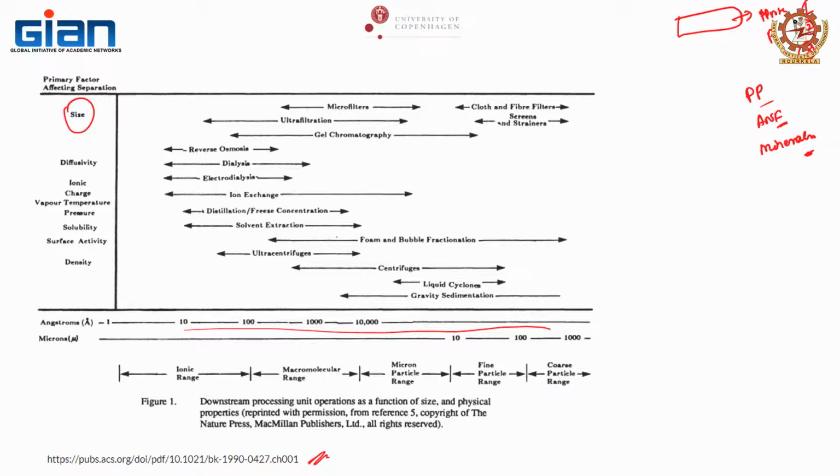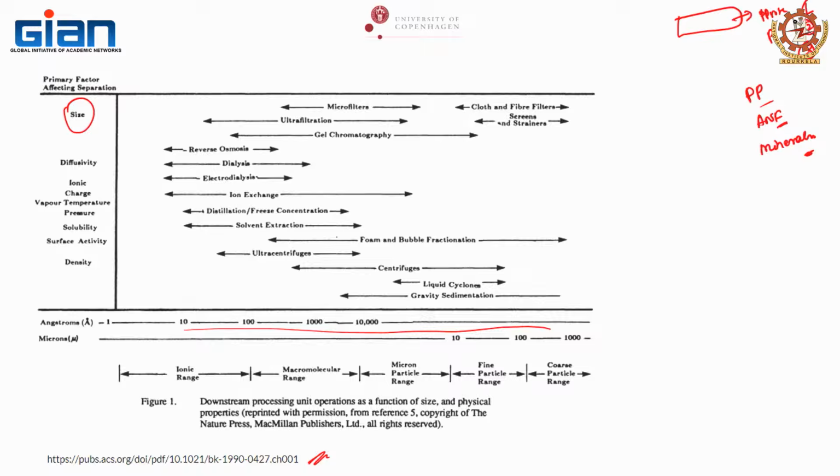Proteins are in nanometer size, very small. If they are aggregates, they become micrometer size. Bacteria is in micrometer size, microalgae is also micrometer size, cell wall may be in micrometer size, fibers may be in micrometer size, you are centimeter size, right? I am talking about the size relativity. So, based on the size we can separate things, right.